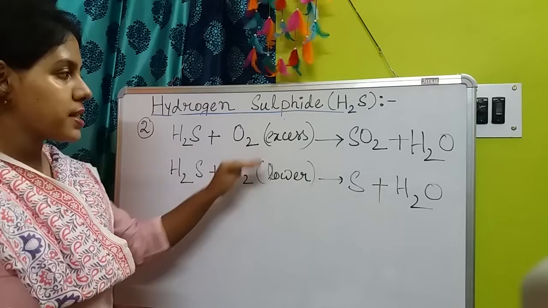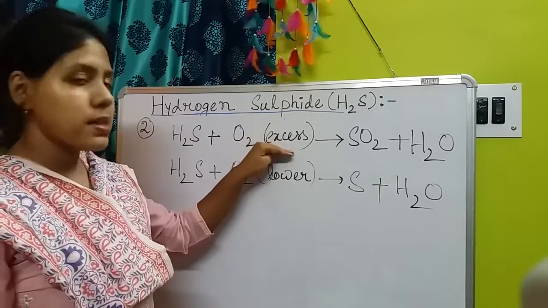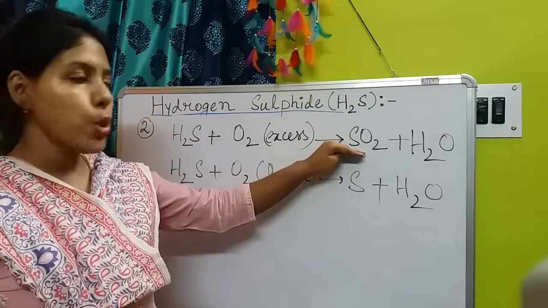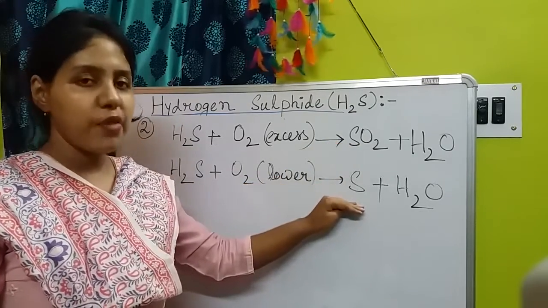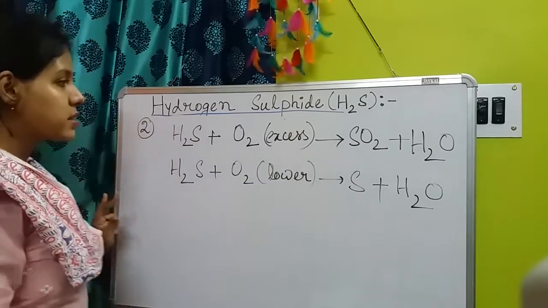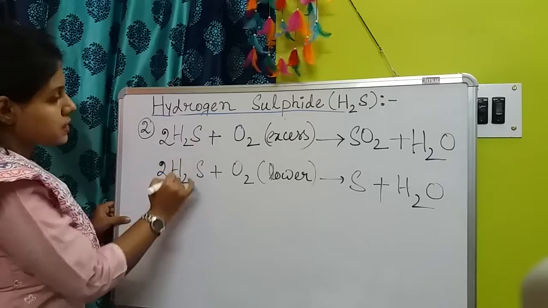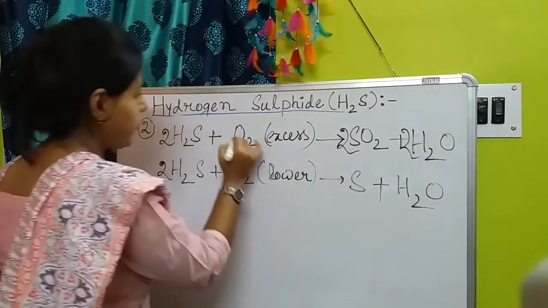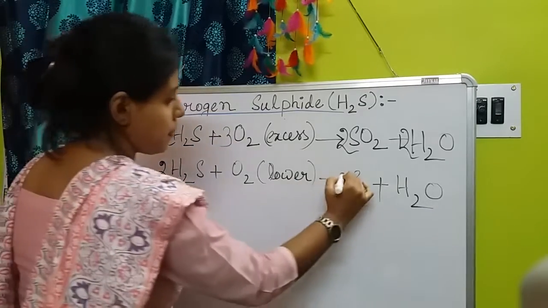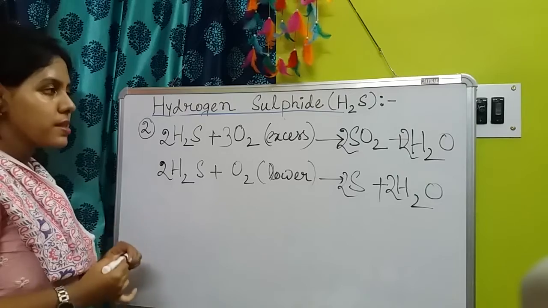So it is evident that when oxygen is in excess we get SO2, and when oxygen is in lower amount we get sulfur. After that you have to balance this reaction: 2H2S, 2SO2, 3 oxygen. So you have to balance this equation.